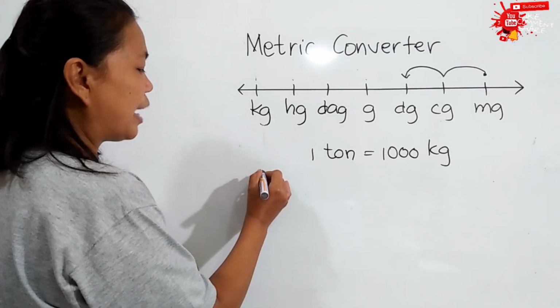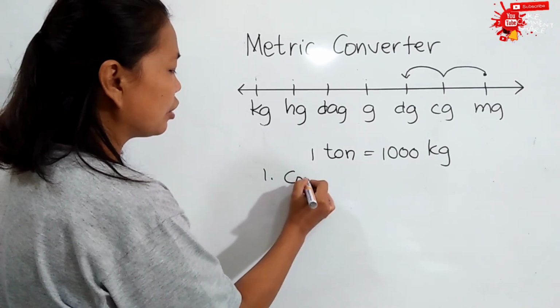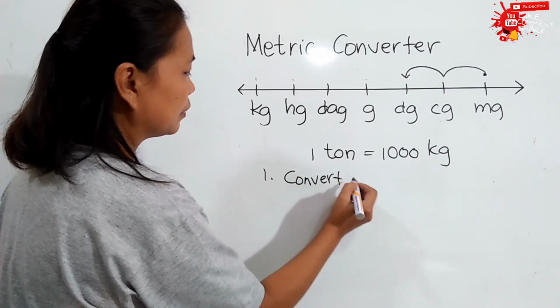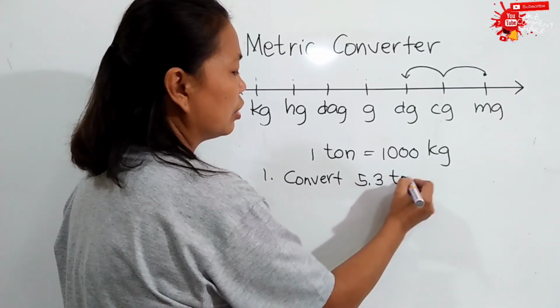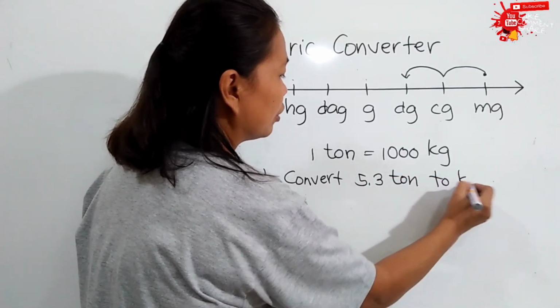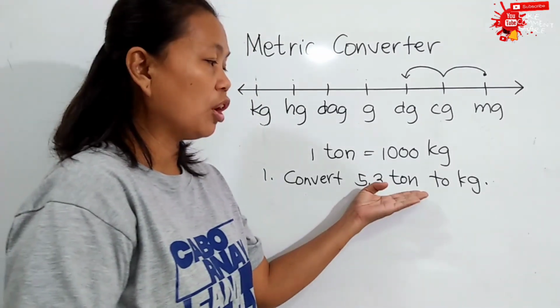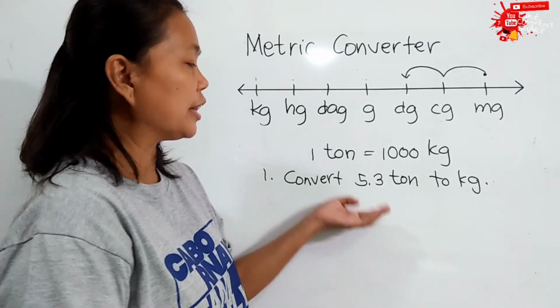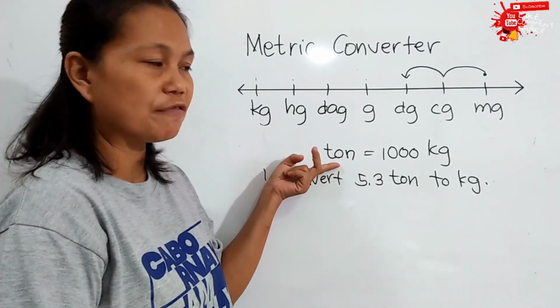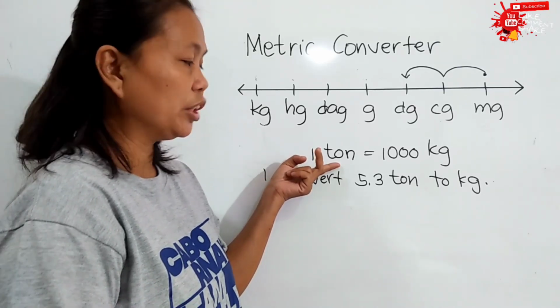Let us have example number 1 for this conversion factor. Let us convert 5.3 tons to kilograms. Take note that we are changing from ton to kilogram. If the arrangement of the units is the same as the given conversion factor, the operation that we are going to use is multiplication.